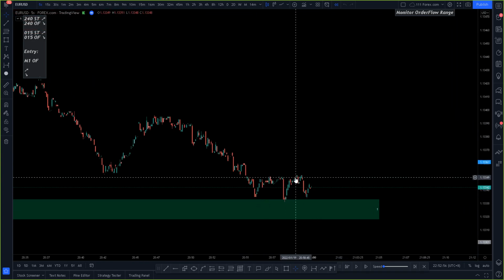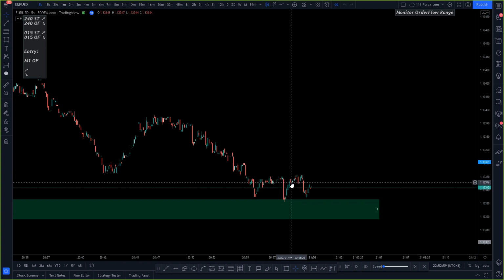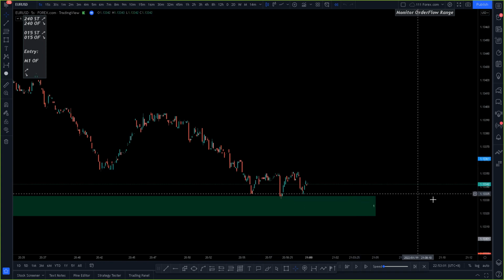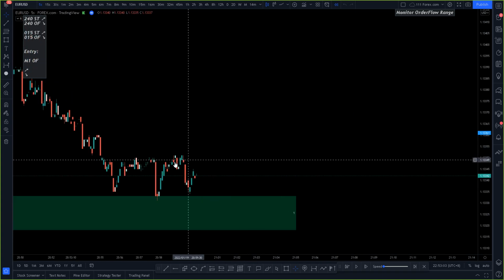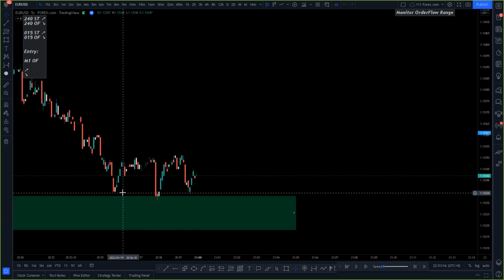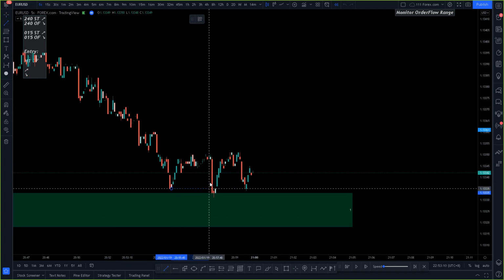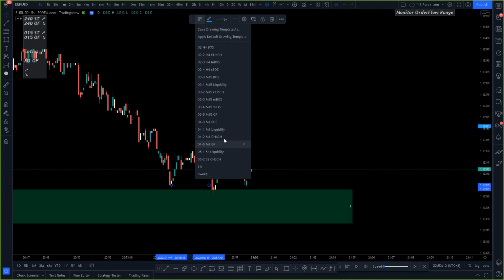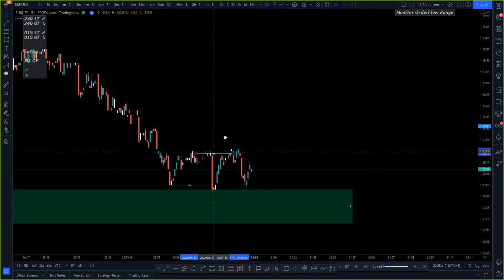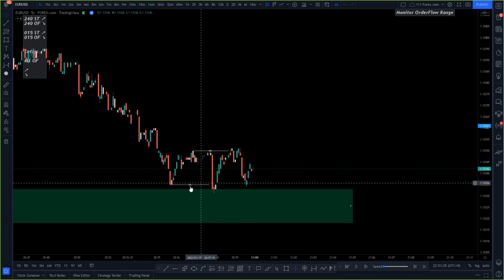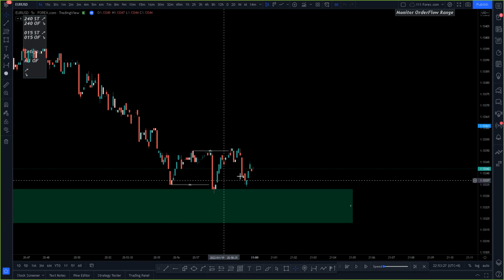My entry was here. Because I was thinking, okay, cool, this breaks the structure, right? It breaks this structure like this. M1 choke, M1 flip, and yeah, I can say this is my extreme.